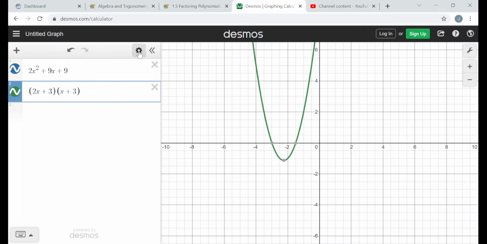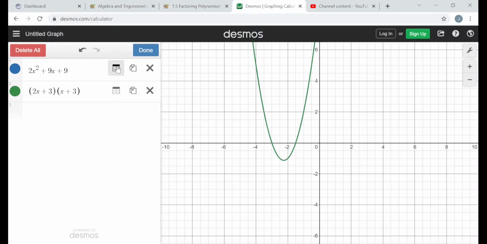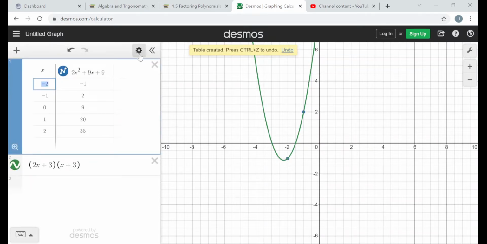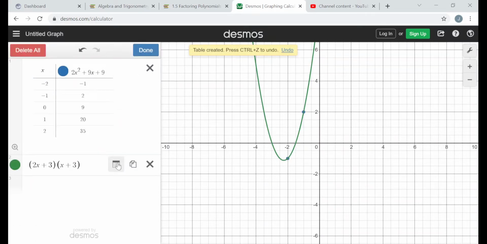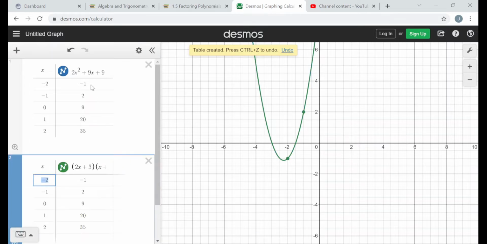But look at the tables. I'm going to throw in some tables for both of these. And if you compare the tables, for the same values of x, you get the same values for each expression. The top expression, when x is negative 2, the value of that expression is negative 1. Same thing down here.